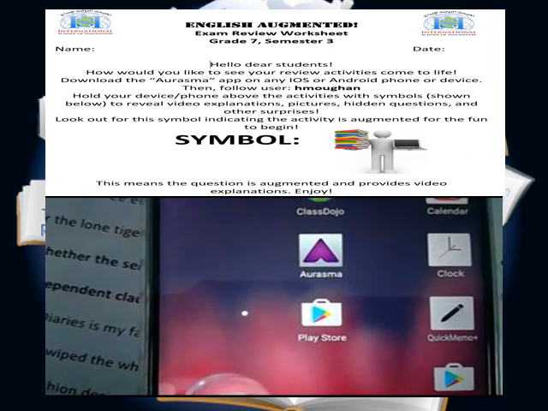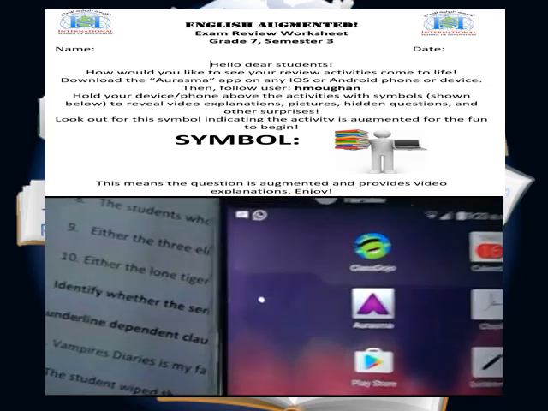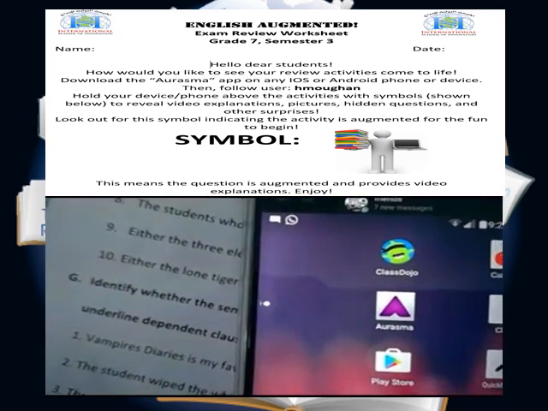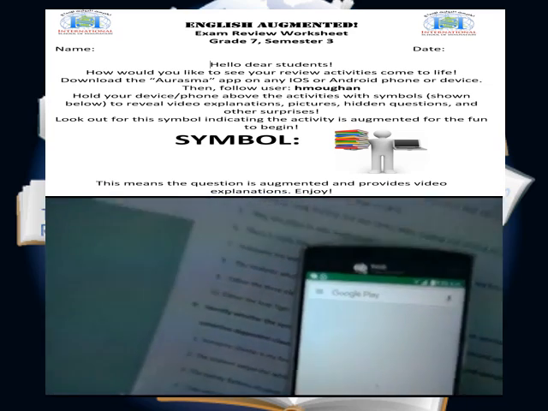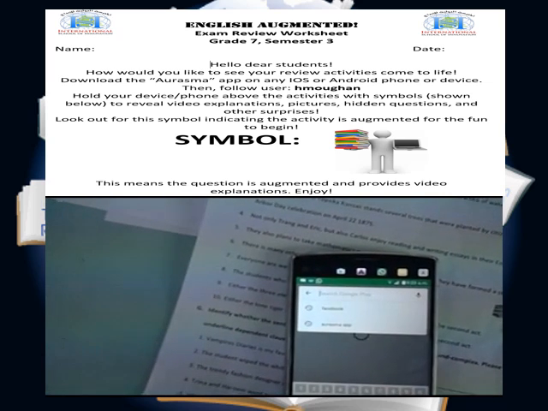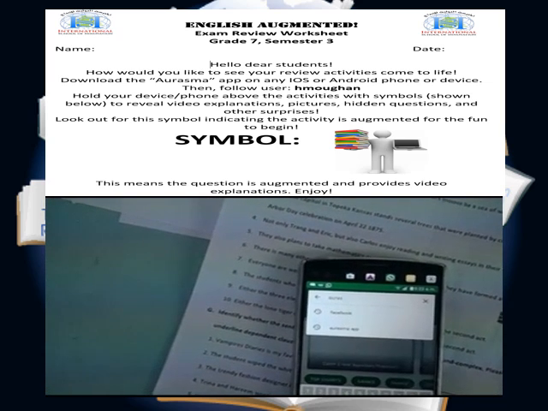So if you want to see your worksheet augmented, go to Play Store, click on Play Store, go ahead and type in Erasma.